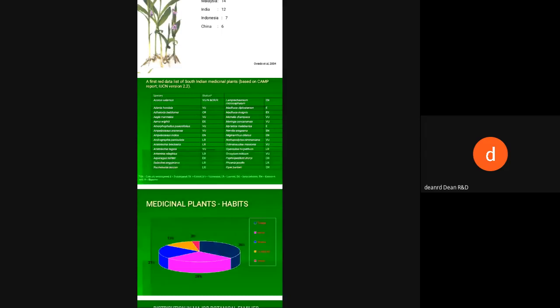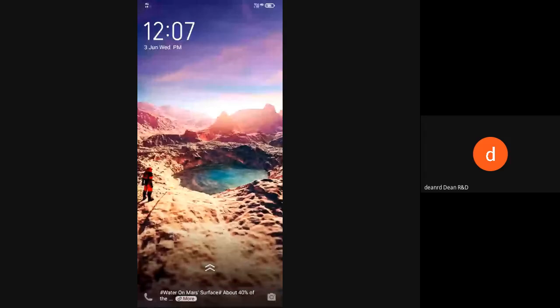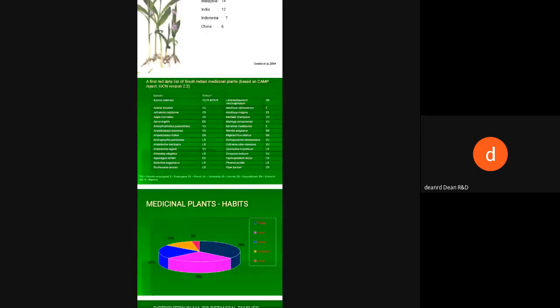The first red data list of South Indian medicinal plants, based on the report of IUCN version 2.2, includes species like, mostly important ones, Acorus calamus, Adenia hondala, Adhatoda beddomei, Aegle marmelos, Amorphophallus paeoniifolius, and the list goes on like that, whereas we can categorize them into vulnerable, endangered, extinct, or low risk categories.